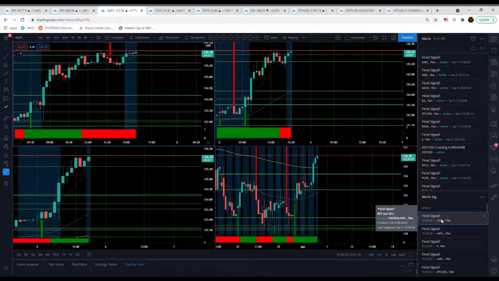So I have it set on 15 minutes because that's when I mainly enter my trades. You can do 5 minutes. Austin mainly enters in like 5 minutes, lower time frame. So he uses the DOA strategy for scalping pretty much in lower time frames. So he only focused on one time frame.